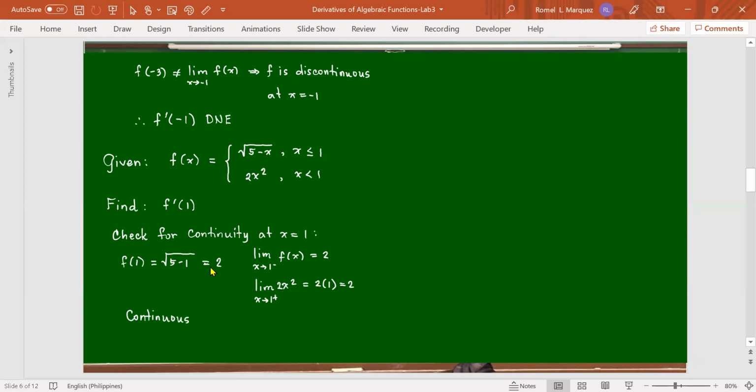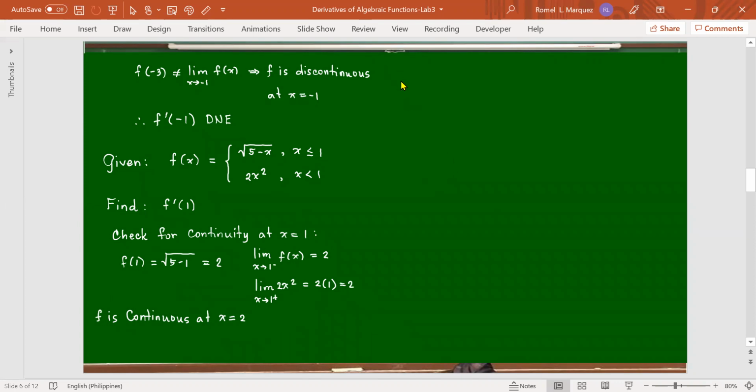I modified the problem, guys: continuous at x equals 1. Is it guaranteed that it is differentiable at x equals 1? Can we conclude immediately that it is differentiable at 1 and then just find the value? There is only a chance, but it is not guaranteed that the derivative will exist at x equals 1.